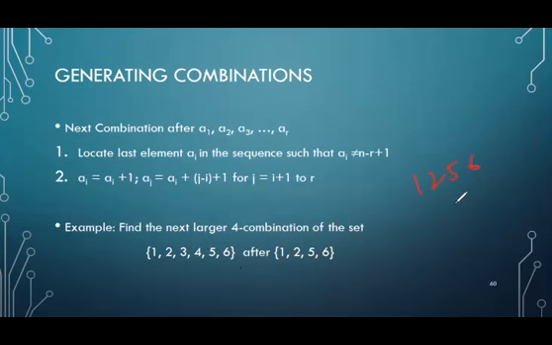Then can we have 1, 2, 6, 5? Or else we can also have 1, 3, 4, 5. Whenever we want to generate the next larger 4 combination of the set, we have to see what will be the next larger number after this number, in the dictionary order.